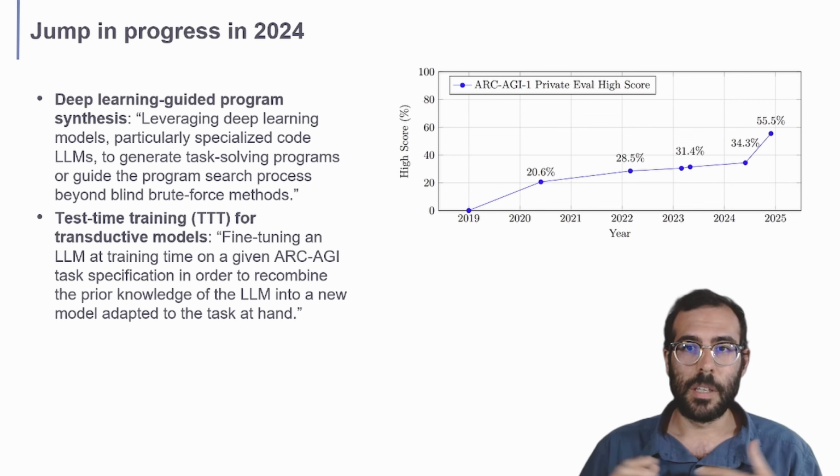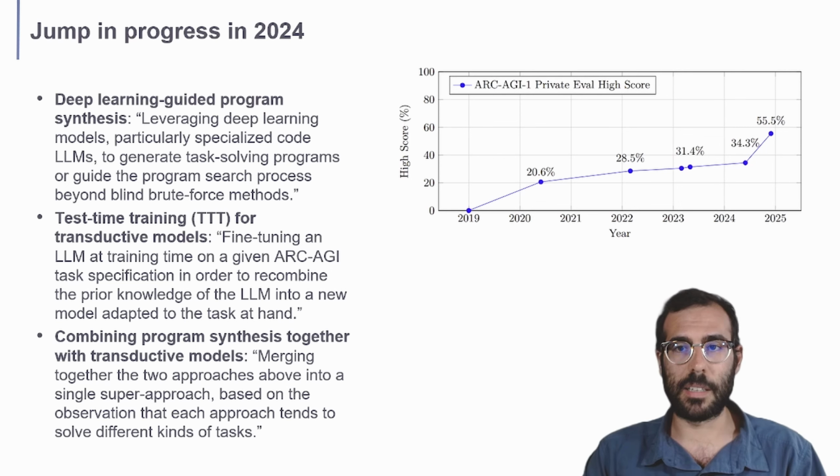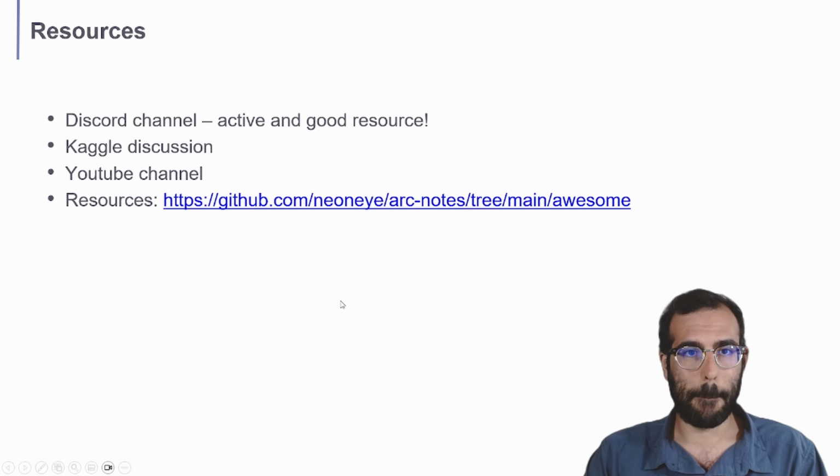And then lastly, combining, so creating an ensemble of program synthesis with transductive models. You can merge together the two approaches into a single super approach. And this relies on the fact that these two approaches tend to solve different tasks, which is one of the most interesting results from last year.